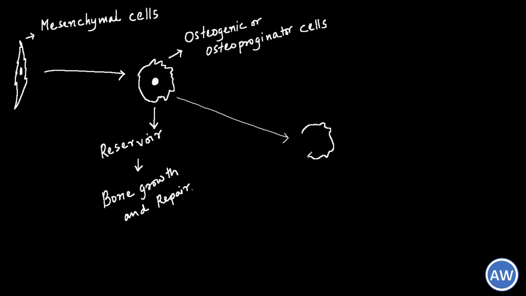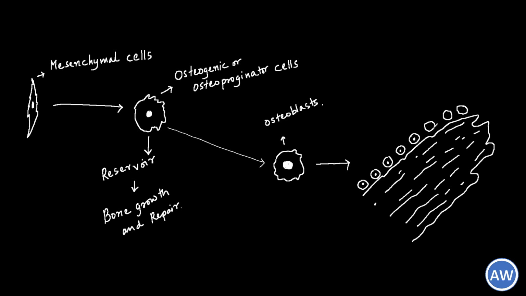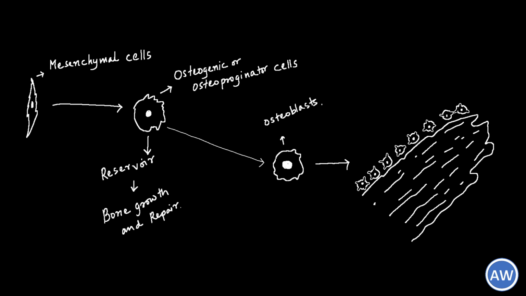The osteoprogenitor cells transform themselves into osteoblasts. The osteoblasts are the immature form of osteocytes. They are found lining the growing surface of the bone. Over the growing surfaces, they look like lining cells or epithelium. But on a closer look, they can be seen as cells of various shapes with gaps in between.